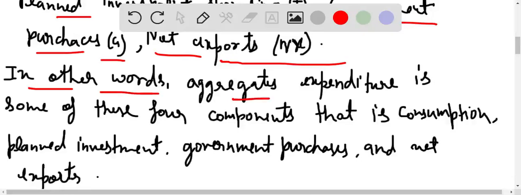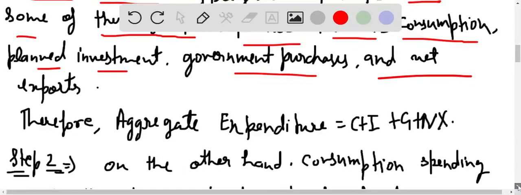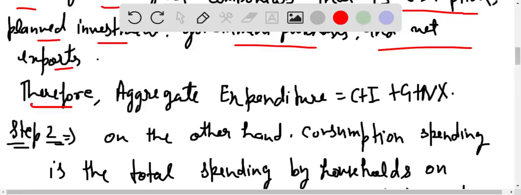In other words, aggregate expenditure is the sum of these four components, that is consumption, plant investment, government purchases, and net exports. Aggregate expenditure is equal to C plus I plus G plus NX.